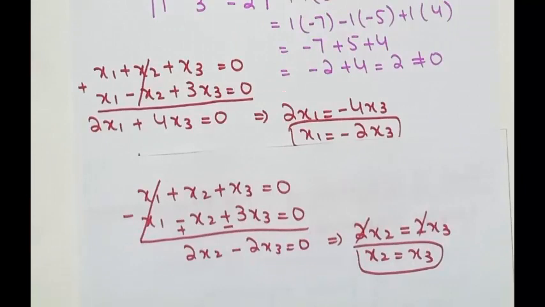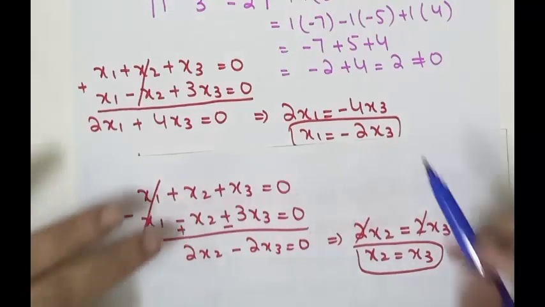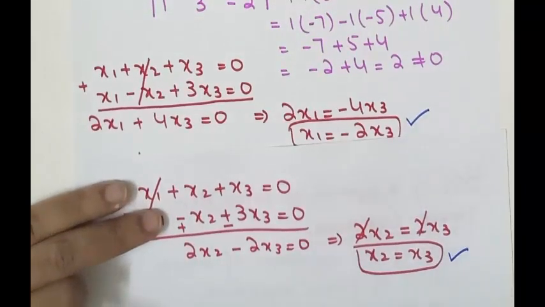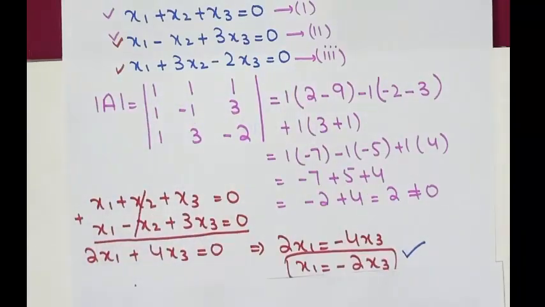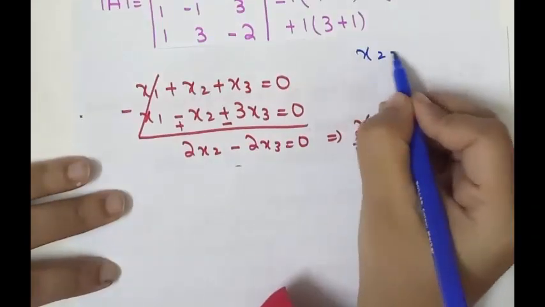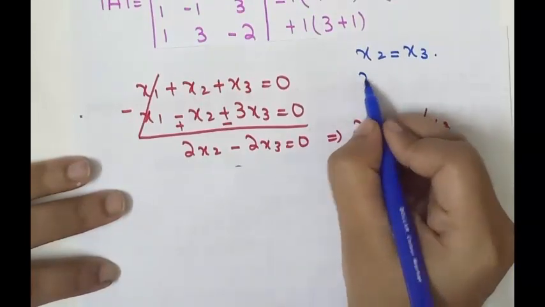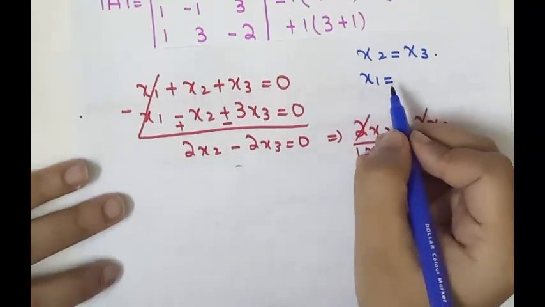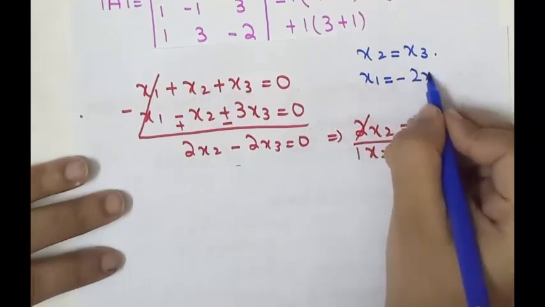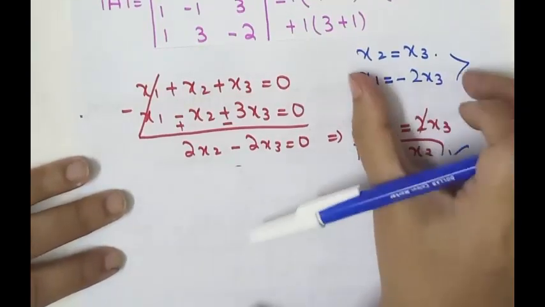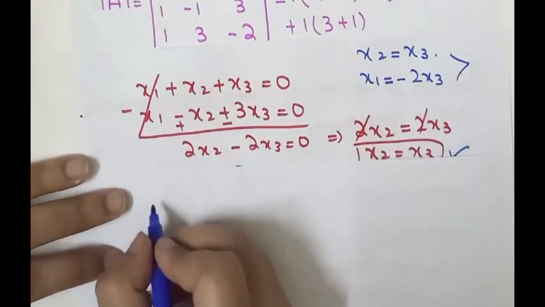So now we will put the values of x1 and x2 in equation number 3. The value of x2 is equal to x3 and the value of x1 is equal to minus 2x3. Now we will put these two values in equation number 3.